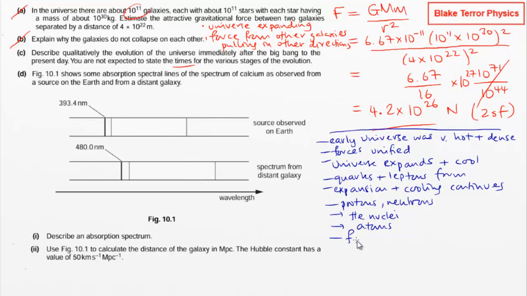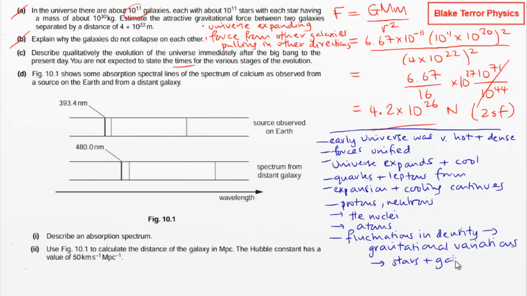So let's mention fluctuations in density lead to gravitational variations. So that's something which is very useful because that's explaining how we're getting enough clumping for stars and galaxies.